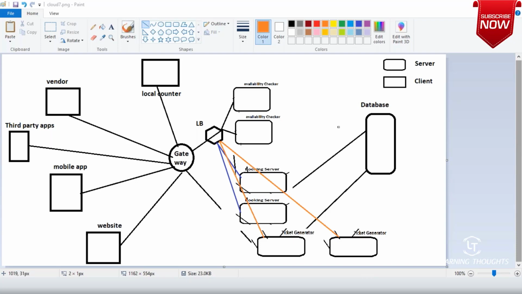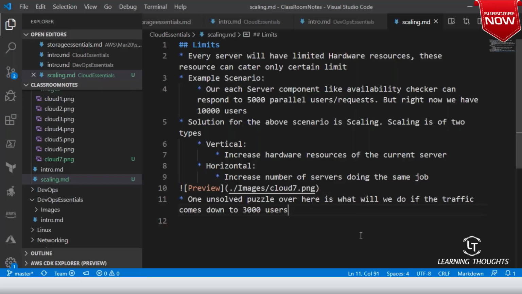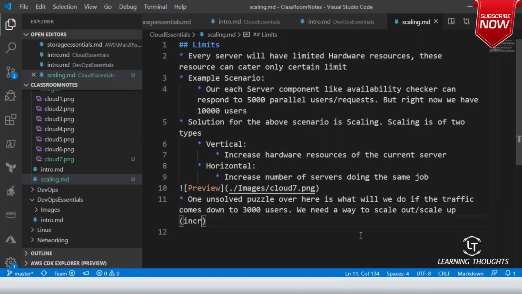In these cases, we need a way to scale up or scale out, which is to increase, and scale in or scale down.